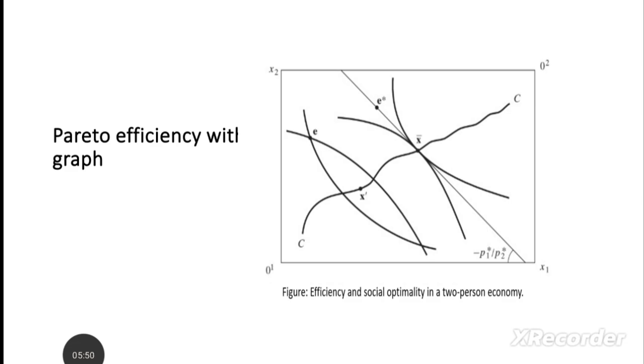Point X bar is the tangency point, which is Pareto efficient. A to C is the contract curve, with many indifference curves having the same slope of indifference curve.